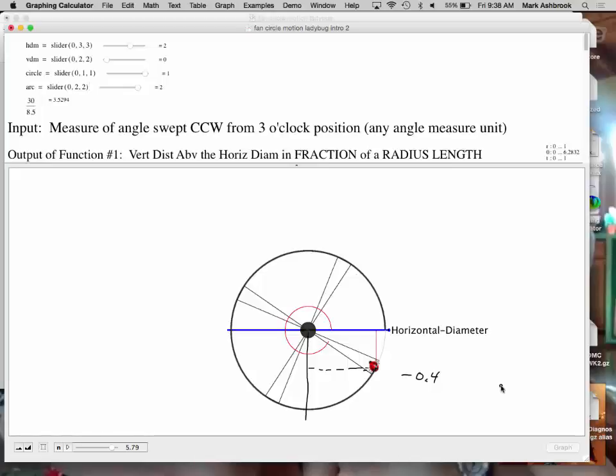So that's the idea. So then that gets us the vertical position of the bug for any angle, right? That's function idea, right? Input angle, for every given angle, we can track the vertical distance. But is that all there is to the location of the bug? What else?